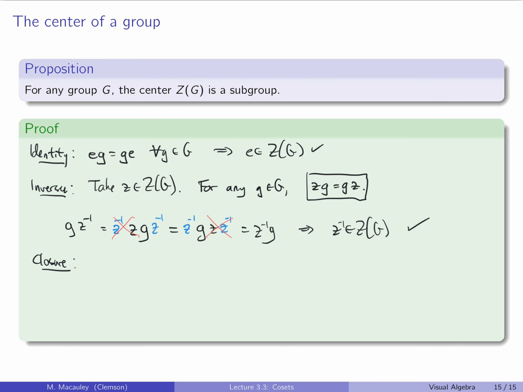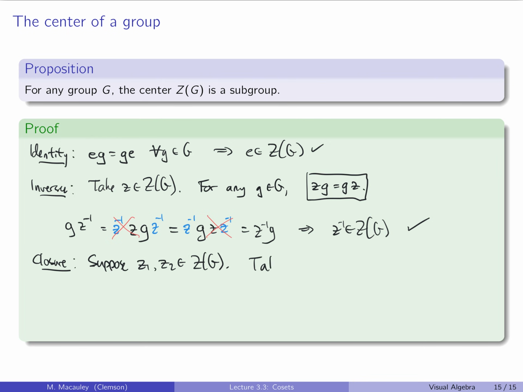So what do we have to do? Let's suppose that Z1 and Z2 are central. We have to show that their product is central as well. So how do we do that?